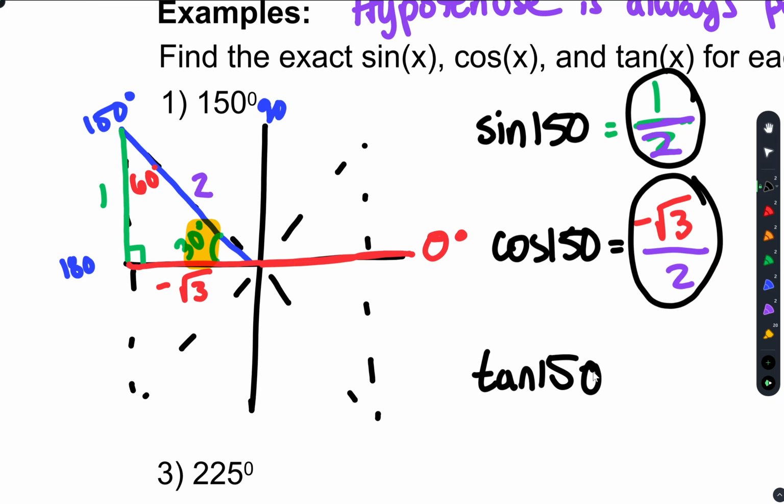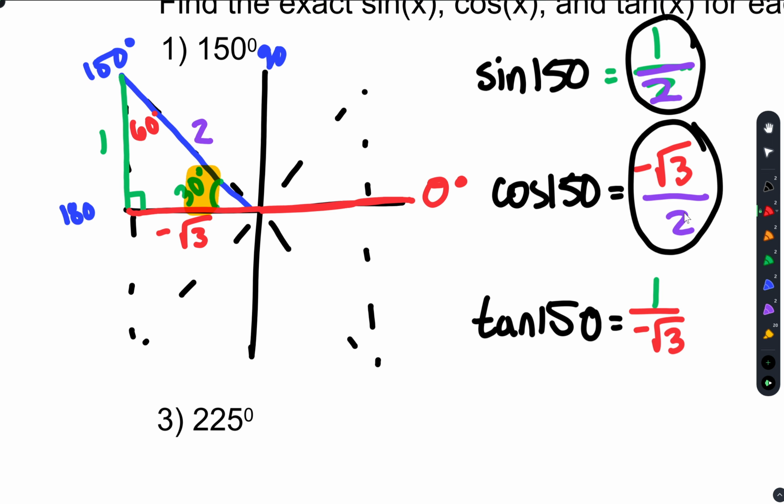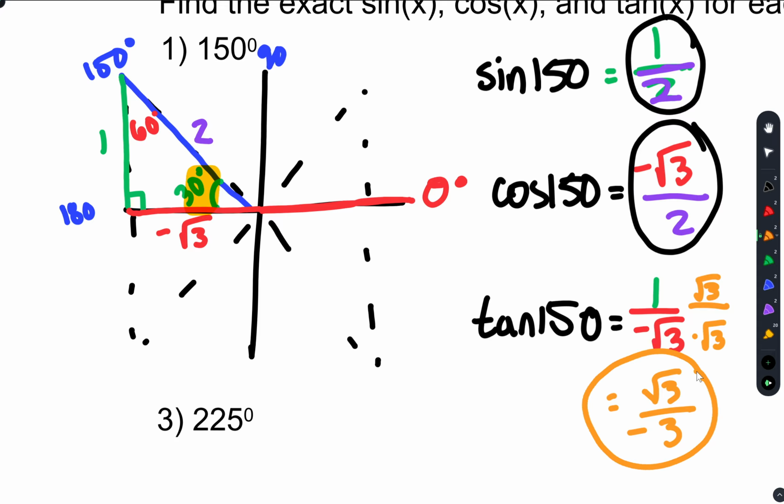Tangent of 150, we look for opposite over adjacent. The opposite is 1. The adjacent is negative radical 3. Can I leave my numbers like that? No, I can't have a radical in the bottom, so I need to finish this off by rationalizing it. To do that, we multiply by that radical on the top and the bottom, which leaves me with radical 3 over negative 3, or just negative radical 3 over 3.